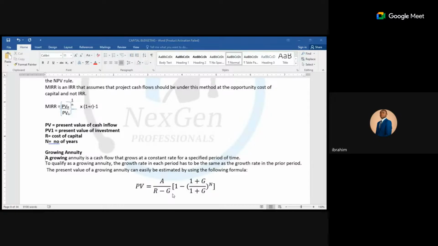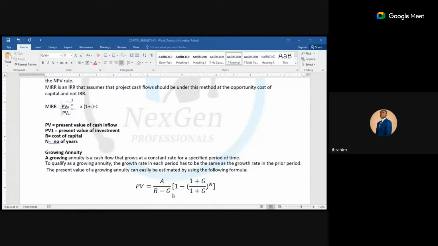Meaning that if you are given a project that is 10 years, the growth rate given to you will be uniform. They can tell you that the sales is 5%, the variable cost is 5%, it's uniform. Now, class, if you want to determine the present value, your sales minus your variable cost will give you your contribution.